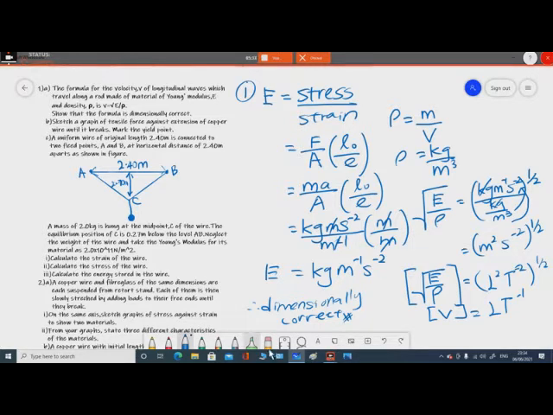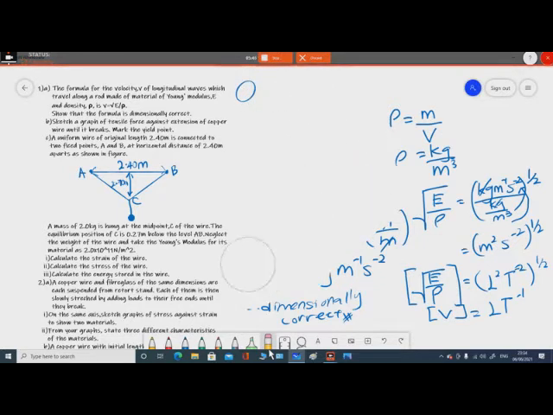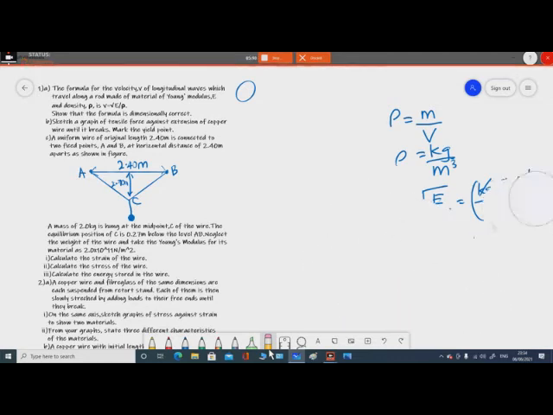So let's move on to part B. Sketch a graph of tensile force against the extension of copper wire until it breaks.